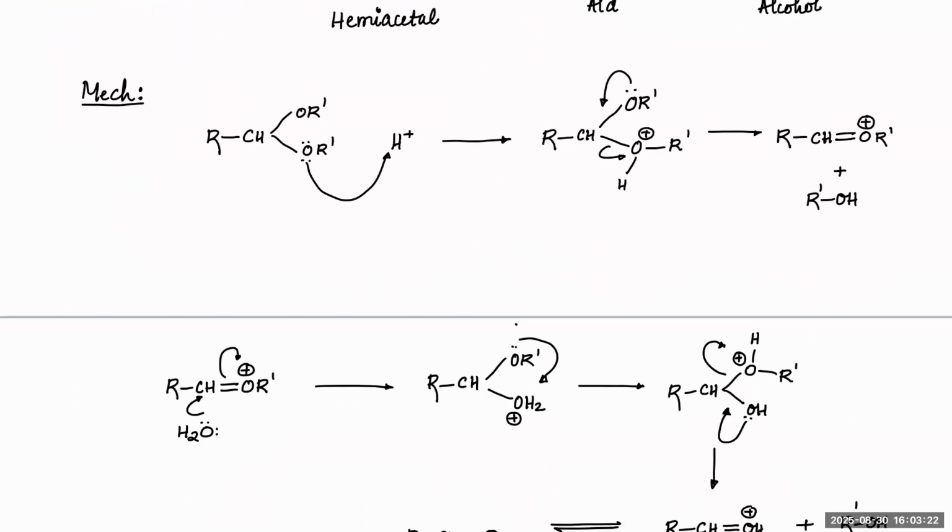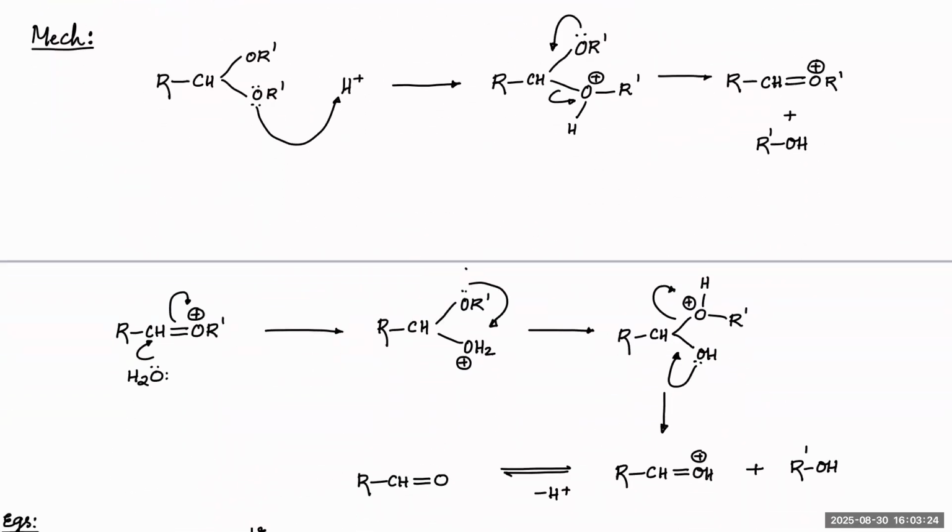Now see the mechanism, how it happens. If there is an acetal, the lone pair from this oxygen will attack H plus. You will get this as ROH, and ROH is a good leaving group. So the lone pair from here will push to make this group come out. Then you will have a double bond character here. On that, water will attack, and the pi bond will again move onto oxygen.